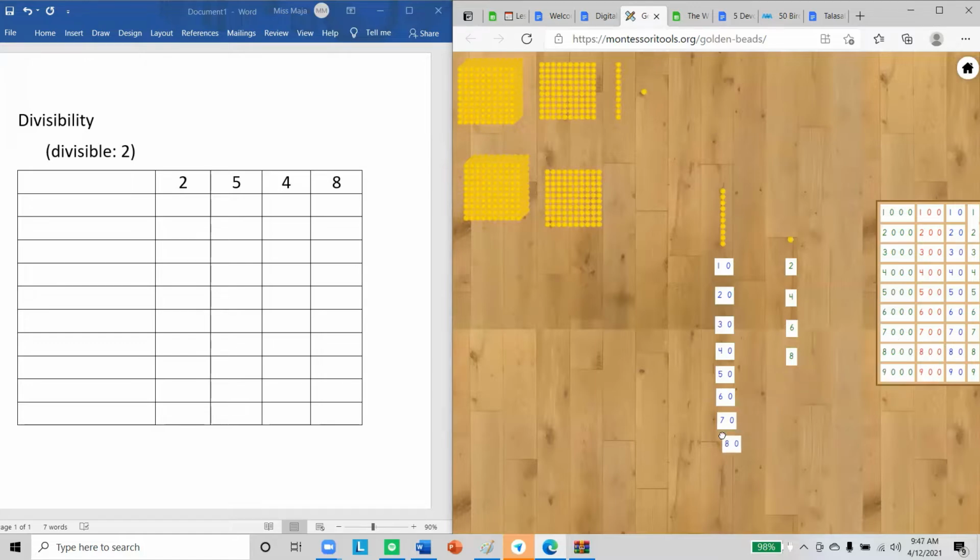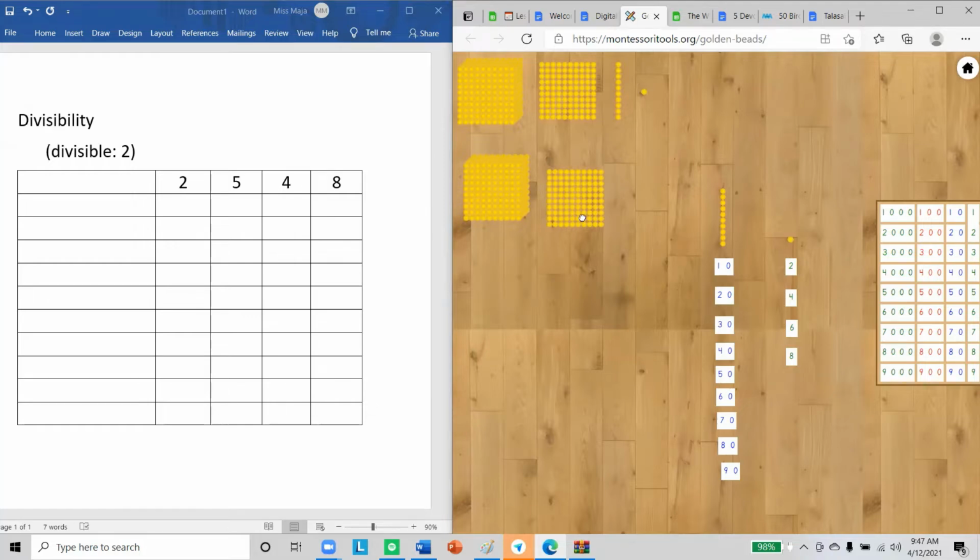What's 80 divided by 2? 40 plus 40 equals 80. How about 90? That's 45 plus 45 equals 90. Okay, so meaning all the tens could be divided equally by 2: 10, 20, 30, all the way to 90.